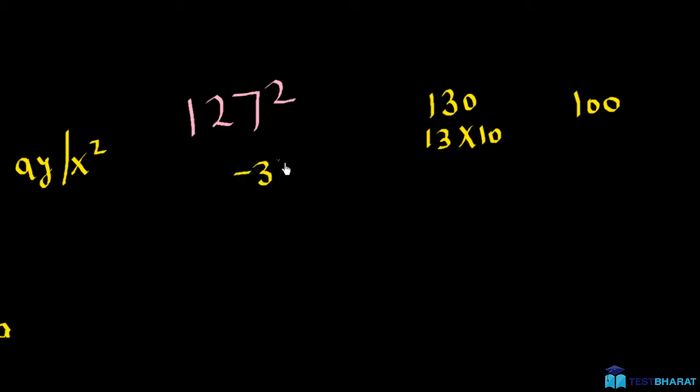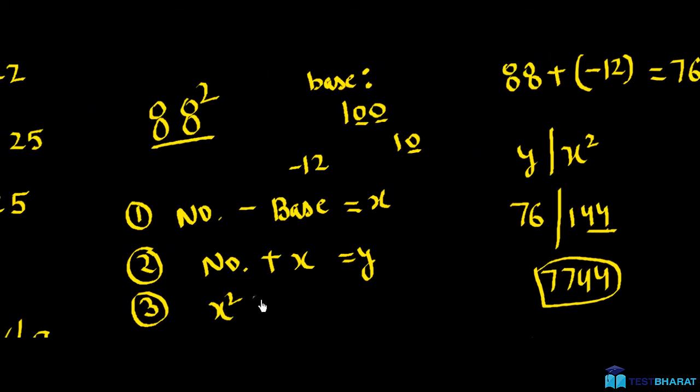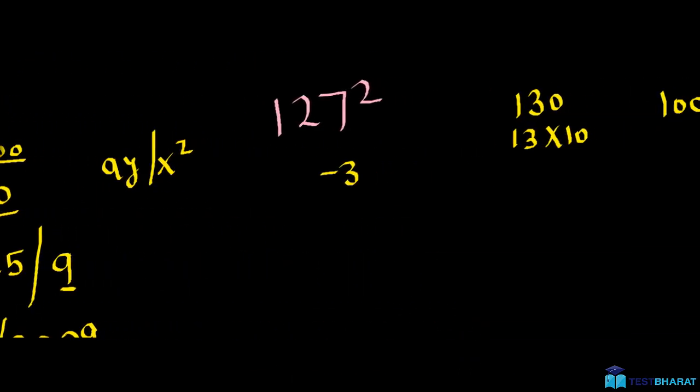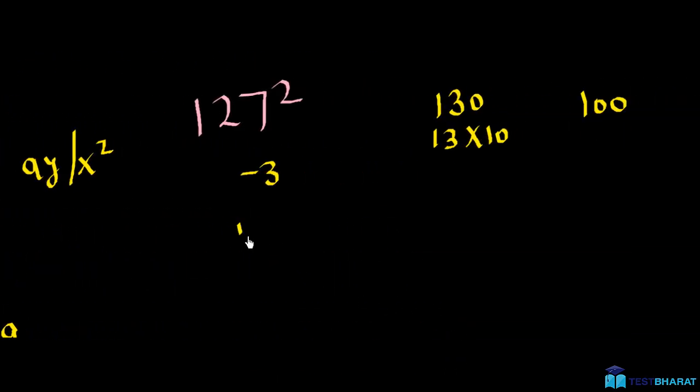That is my x. Now I have to find my y, and my y is number plus x. My number is 127 and the x I got was minus 3, so 127 minus 3 gives me 124.